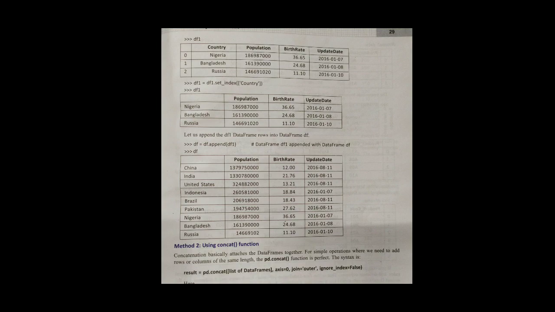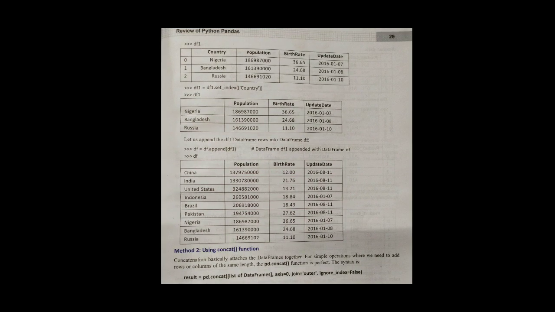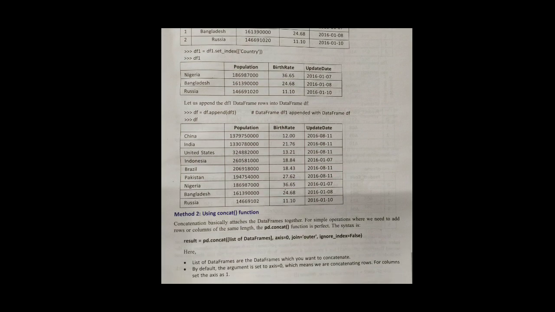So we write df1 is equal to df1 dot set_index in brackets country, and then we print df. When we print it, it will display population, birth rate and update date, and the index is Nigeria, Bangladesh and Russia.